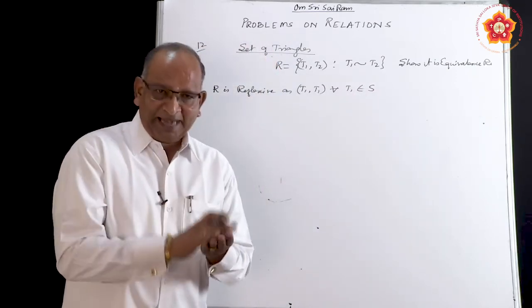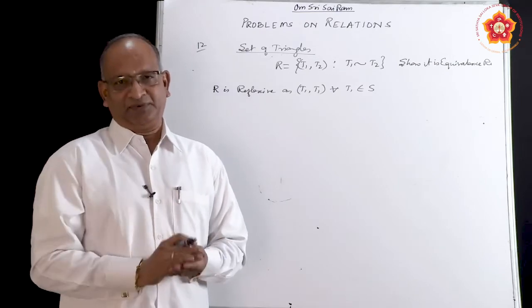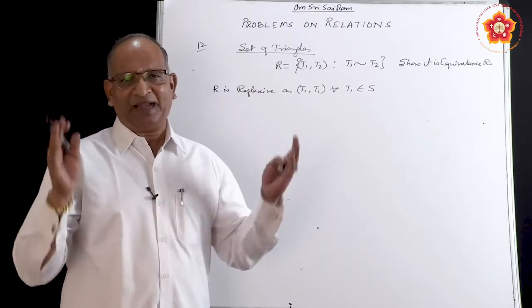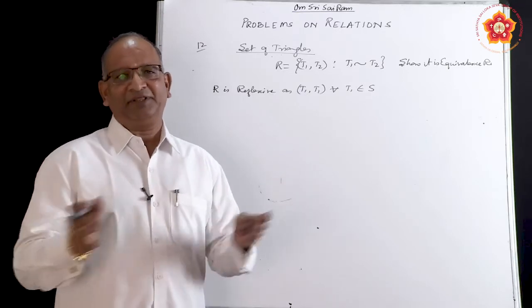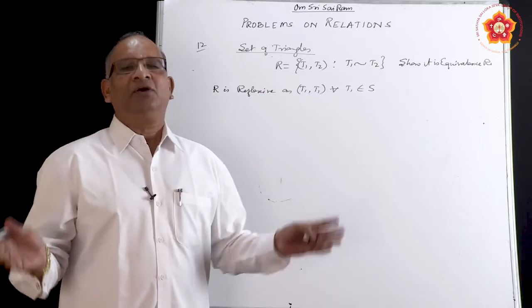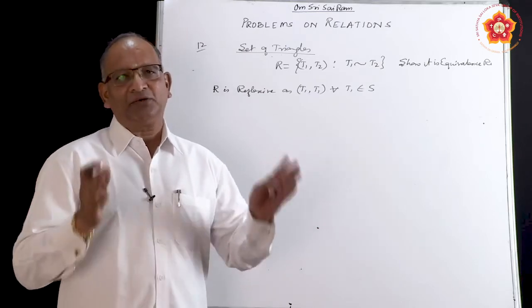Because every triangle is similar to itself. Any kind of triangle you take, whether you take a right triangle, an obtuse triangle, or an acute triangle, every triangle is similar to itself.